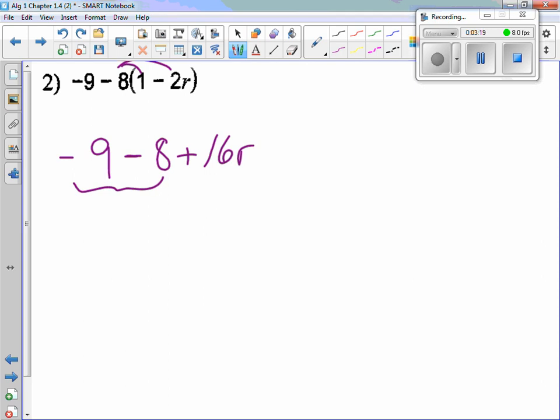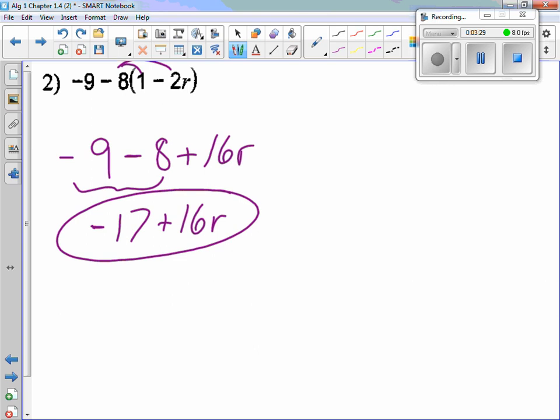The negative 9 and negative 8. So negative 9 minus 8 is negative 17. And that's it here. Any questions on any of this so far?